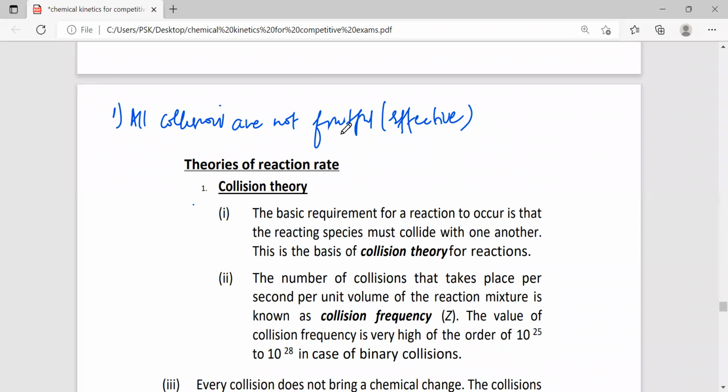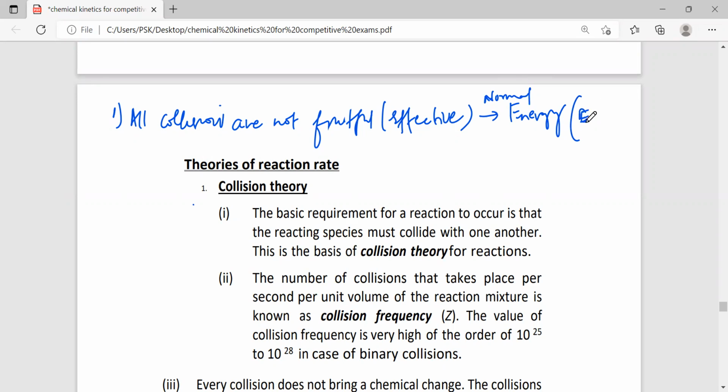Like nitrogen and oxygen in the atmosphere, they are colliding, but there is no change. There is no reaction. So they are called non-effective collisions, or not fruitful collisions, because product is not formed. They collide with minimum energy, and that energy is called normal energy, represented as En.